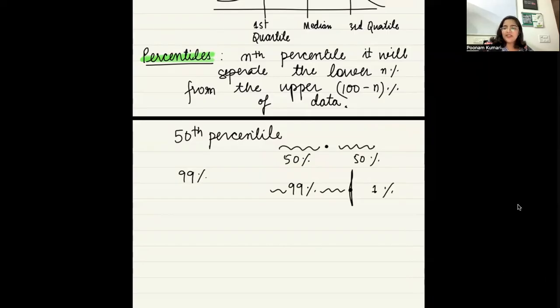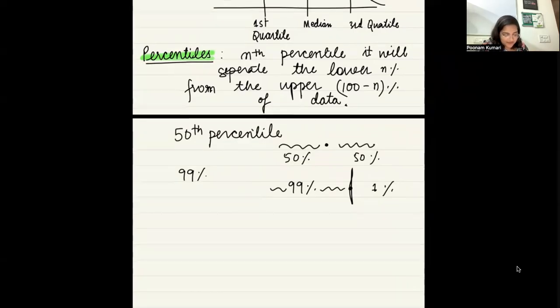Ma'am, the value in the middle divides it. So basically the median value is doing what? 50% of the data on one side and 50% of the data on the other side, right? So what is my 50th percentile? My median? Yes, ma'am. Your median is your 50th percentile, right?